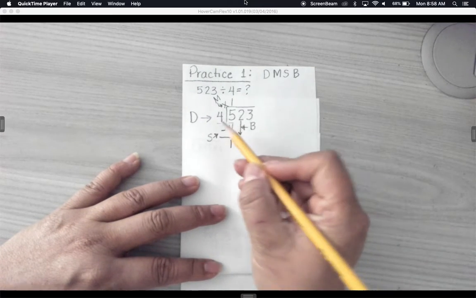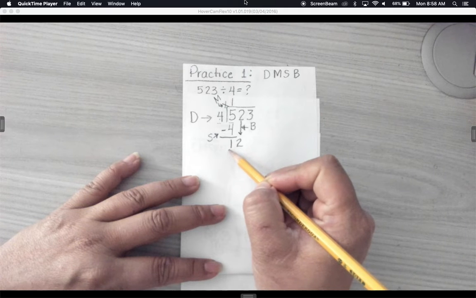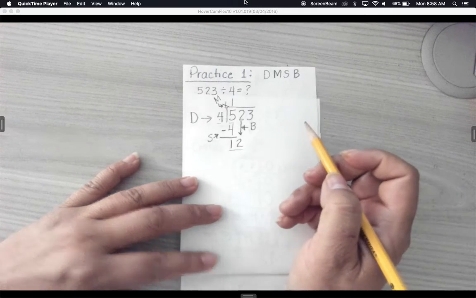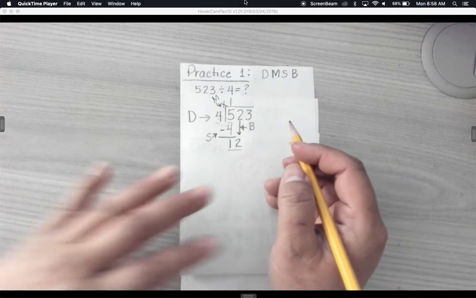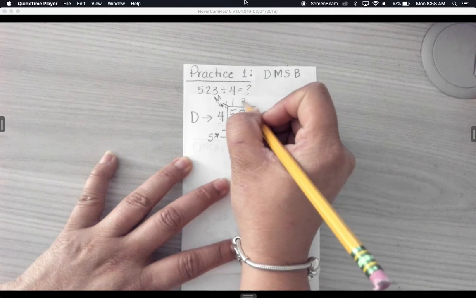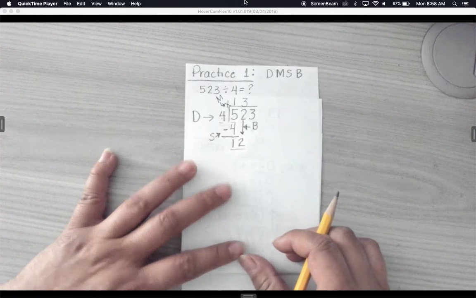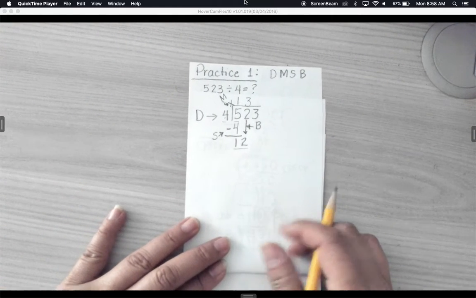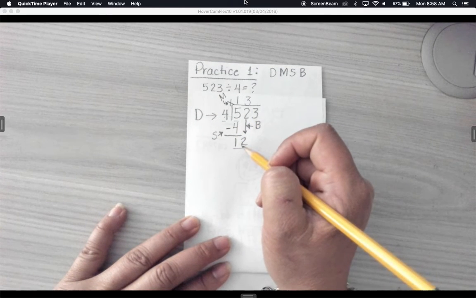What times 4 is going to give me close to 12? 3. And it's actually not close to 12. It's actually right on 12, right? 4 times 3 equals 12.